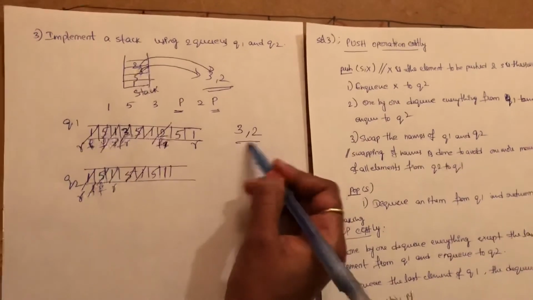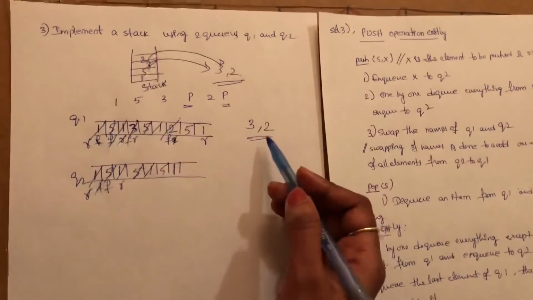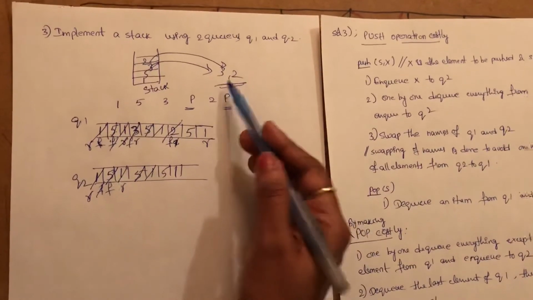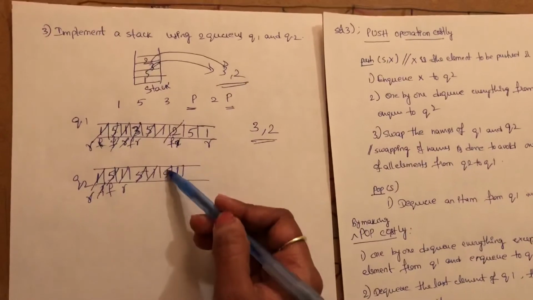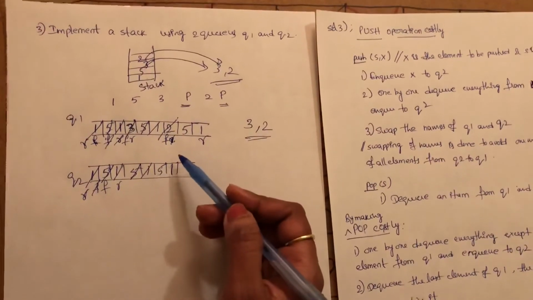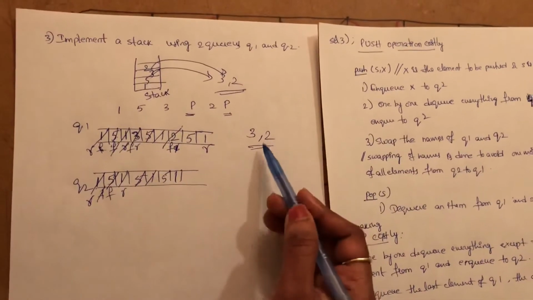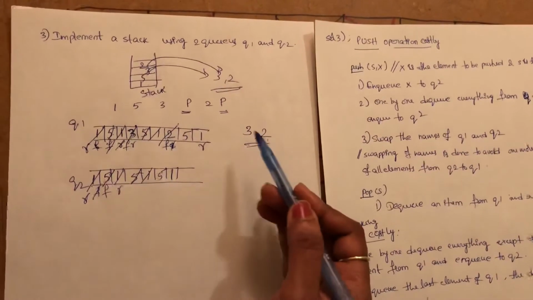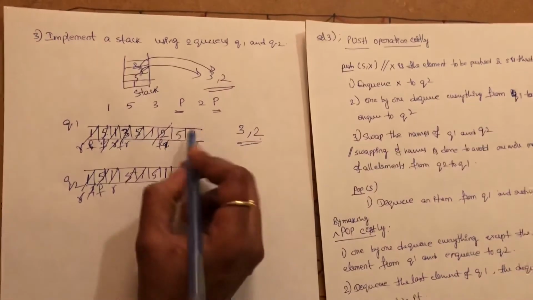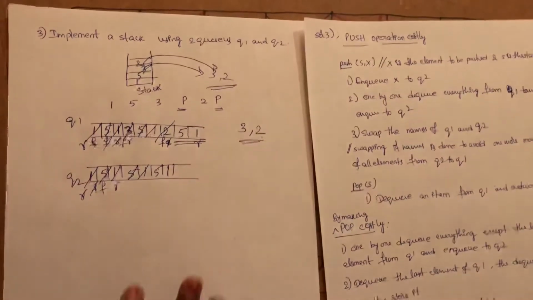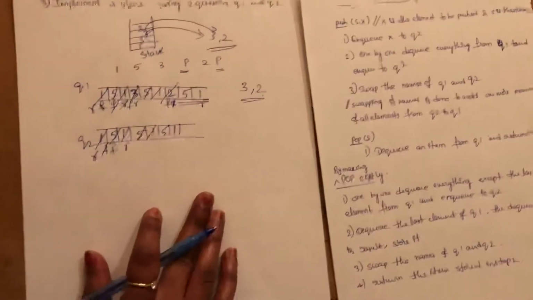So the popped elements are 3, 2 from the original stack, and by using two queues by making push costly, we print 3, 2 as the popped elements, and the remaining elements are 5, 1, and here also the remaining elements are 5, 1. So this is the one approach.